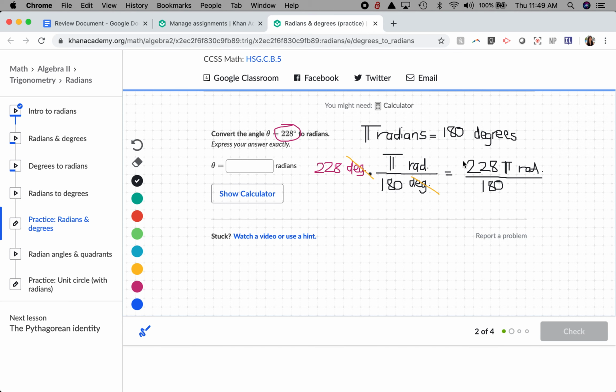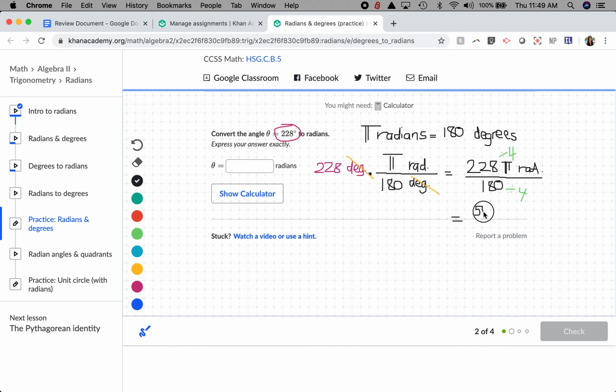In the numerator, 228 divided by 4 will give us 57. Well, let's write that the GCF is 4. That's why we're dividing by 4. Dividing by 4 in the denominator also.